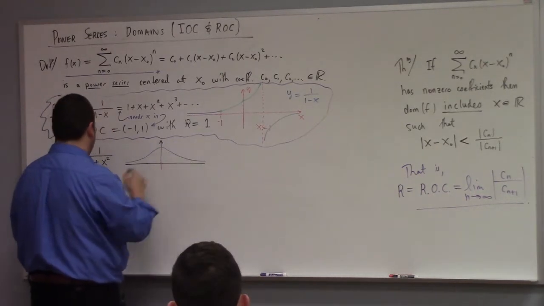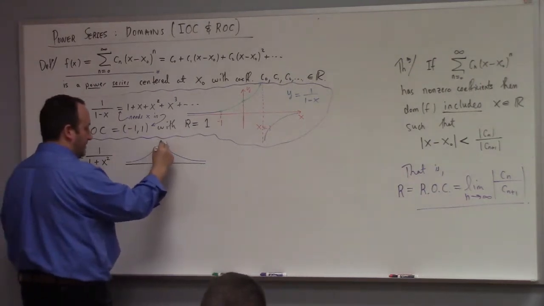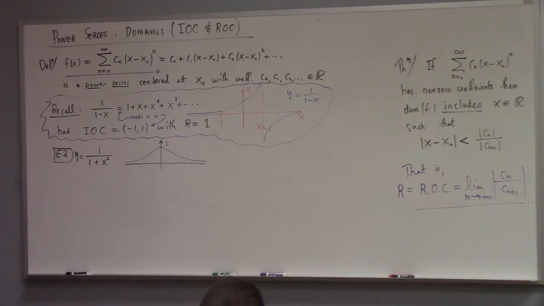Roughly speaking, the biggest it ever gets is 1, and it goes to 0 as you go to infinity either way. It's pretty mellow, right? Not really a terribly interesting graph.